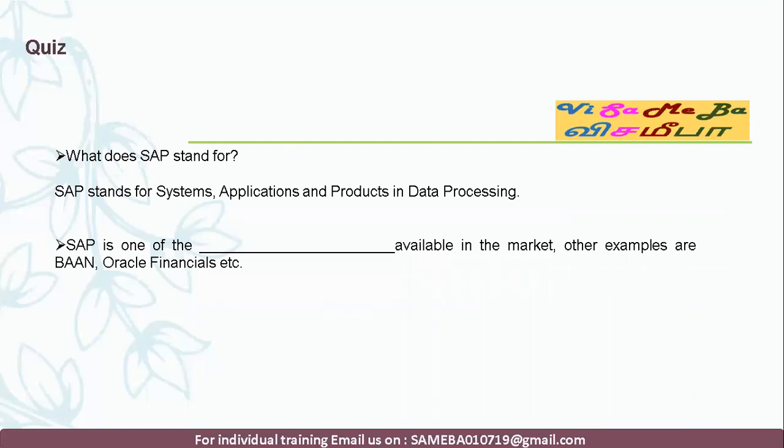Other examples are BAN, Oracle Financials, etc. Fill in the blanks. SAP is an ERP. ERP standing for Enterprise Resource Planning.